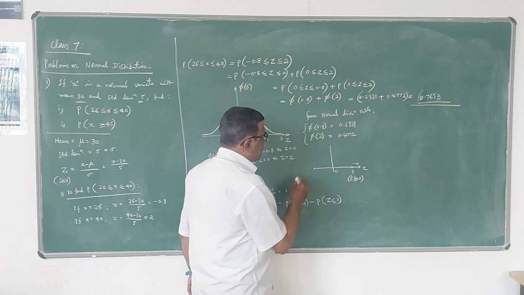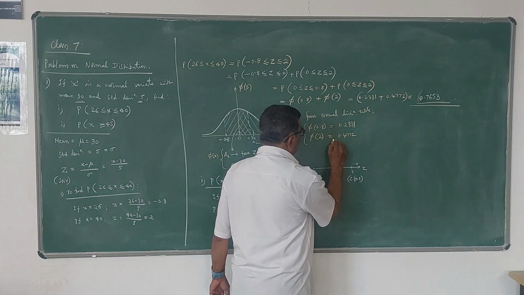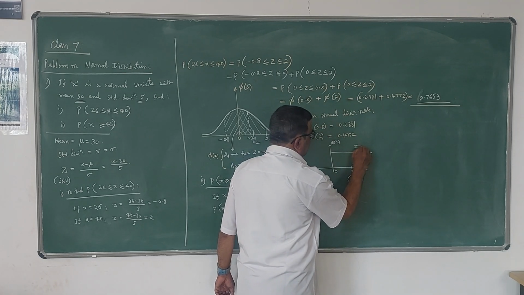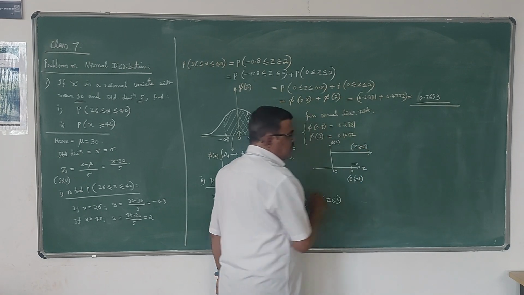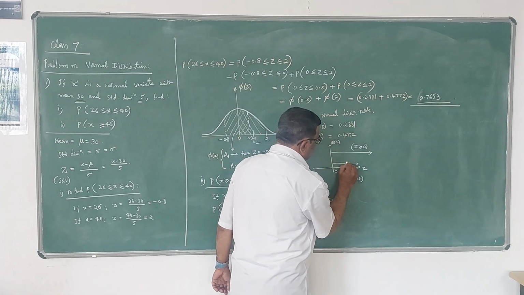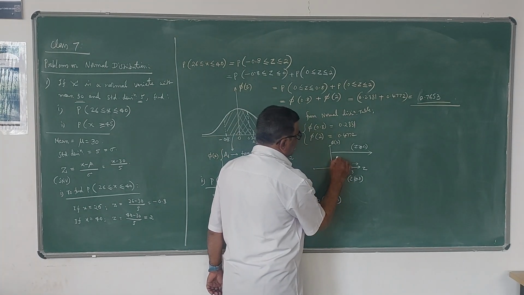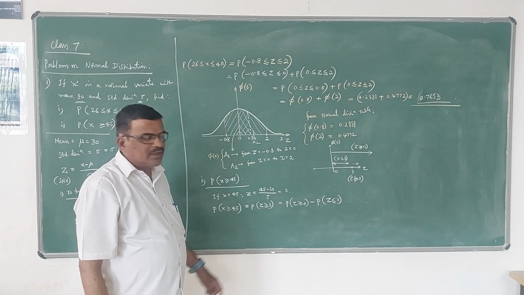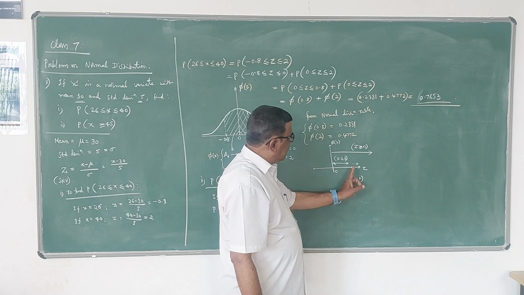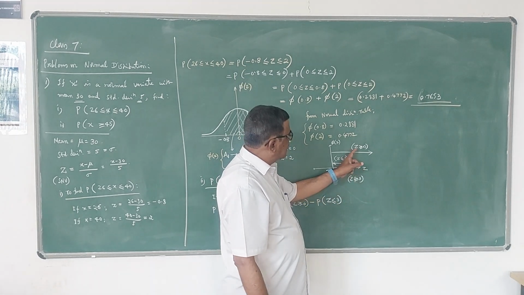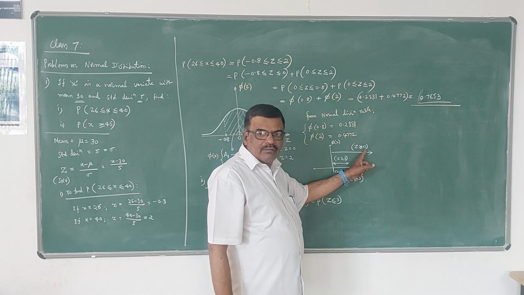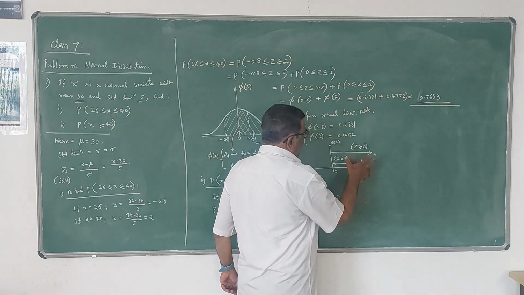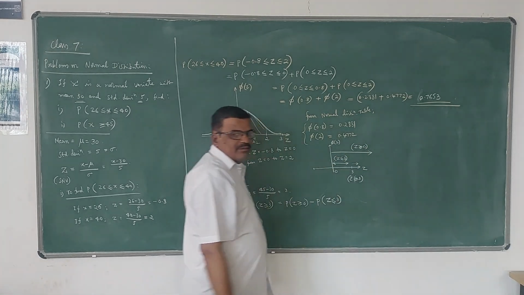So I will take entirely from this 0, that is Z greater than or equal to 0, and from that I will deduct Z less than or equal to 3. If you want this region, I will take the entire region minus this.